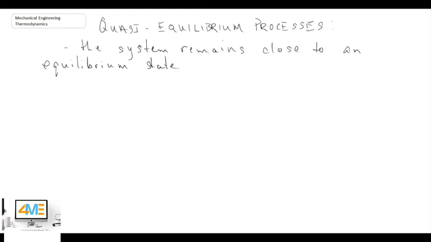So it assumes that the system remains close to an equilibrium state during the process. Now, this is an idealization, and really no cycle that we're really going to be analyzing will be in quasi-equilibrium.